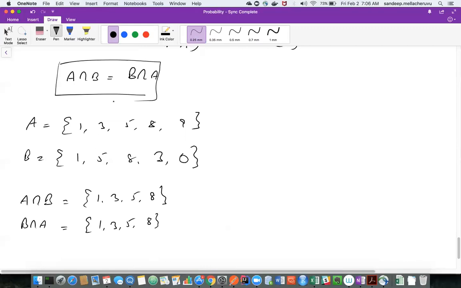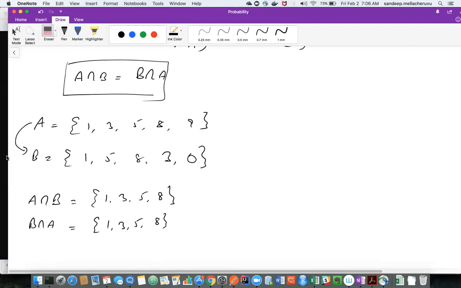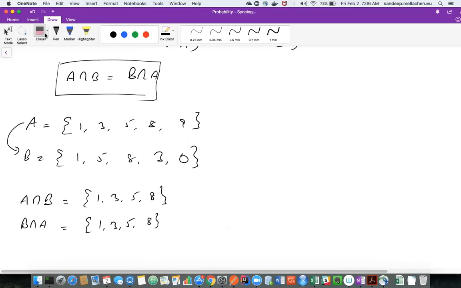If you are taking common elements, it doesn't matter in which order you take them. Whether you combine here to here or here to here, both ways the common elements are the same. For example, if the commonality is that you and I smoke together, then the commonality between Abid and Sandeep is the same as between Sandeep and Abid.